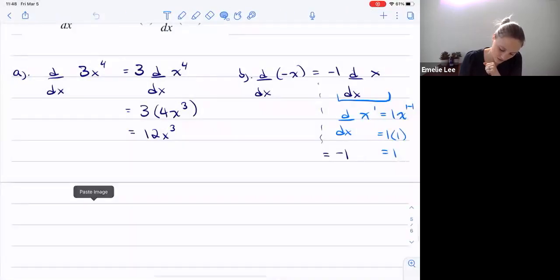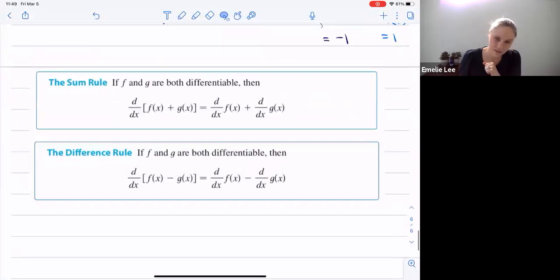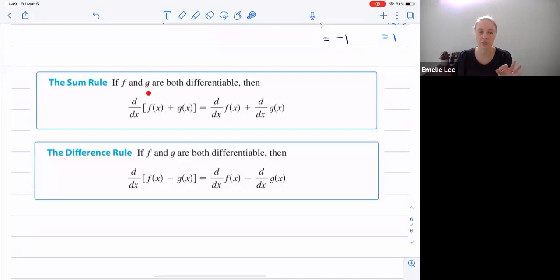And what's nice about addition and subtraction is that it just transfers through. Okay, so here, assuming that f and g are both differentiable, right, that's going to be a key, right? And we looked at some different areas where we would not be able to differentiate, right?